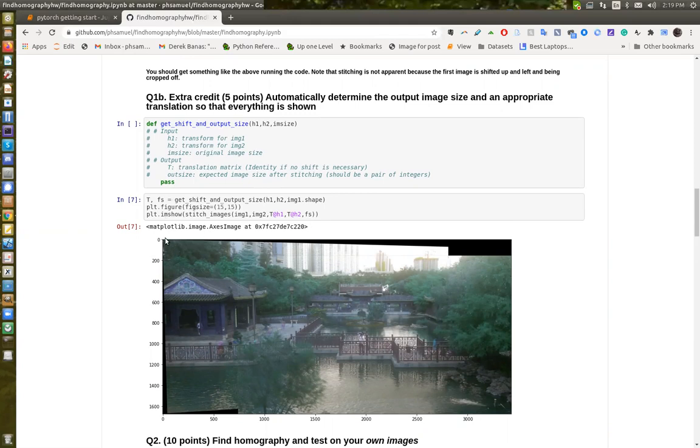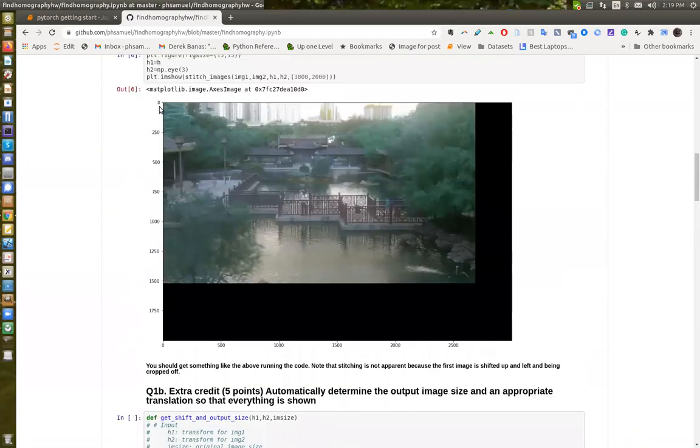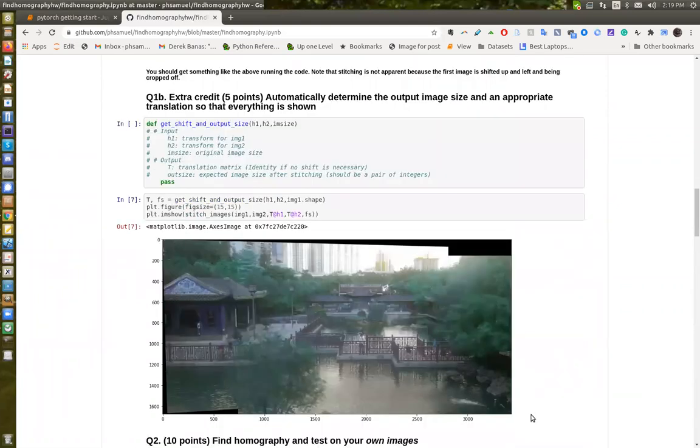So what we want is to get a translation to translate the image back. Originally the origin is here, right? So I want to basically translate the image by this much, so that this part here gets back inside, I mean within bounds.